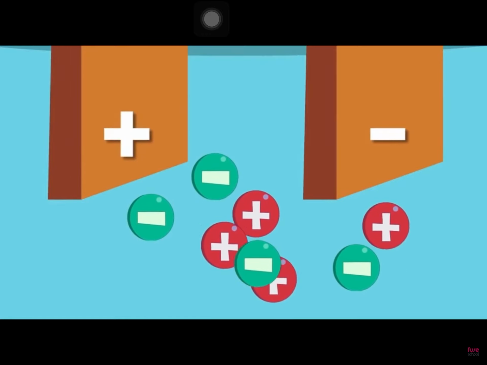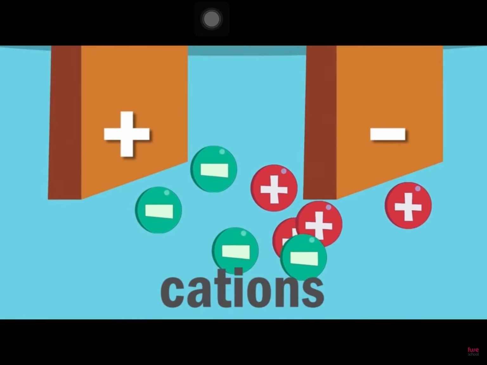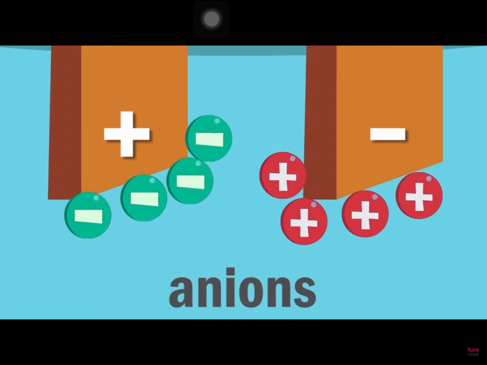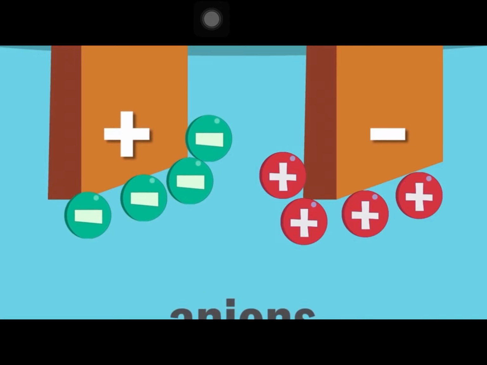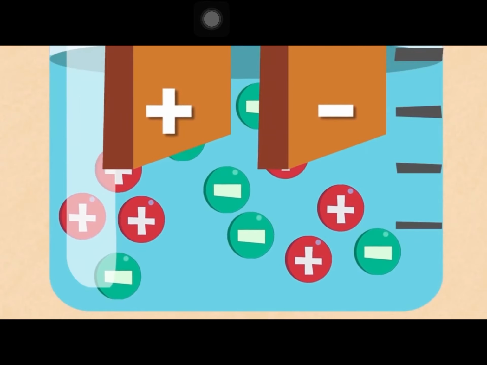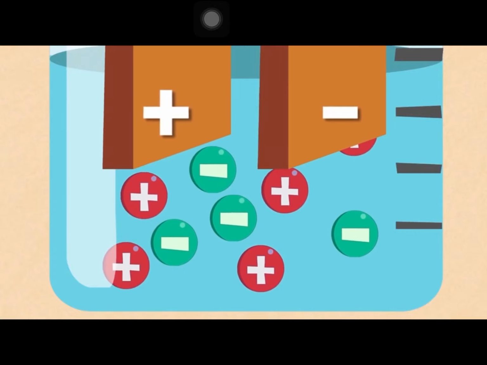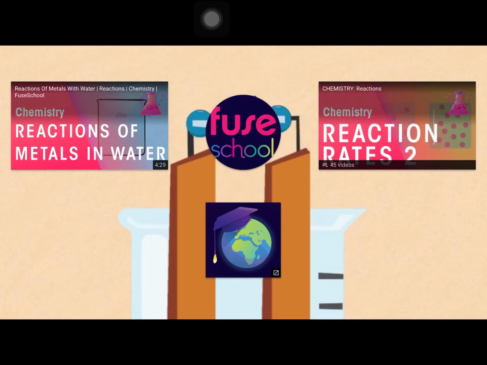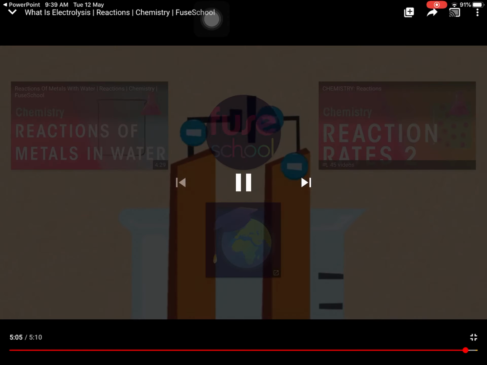Positive ions are called cations and are attracted to the cathode. Negative ions are called anions and are attracted to the anode. When current flows in an electrolyte, it is the ions that move and carry the electrical charge. When current flows in the electrodes and wires, it is the electrons that move and carry the electrical charge.